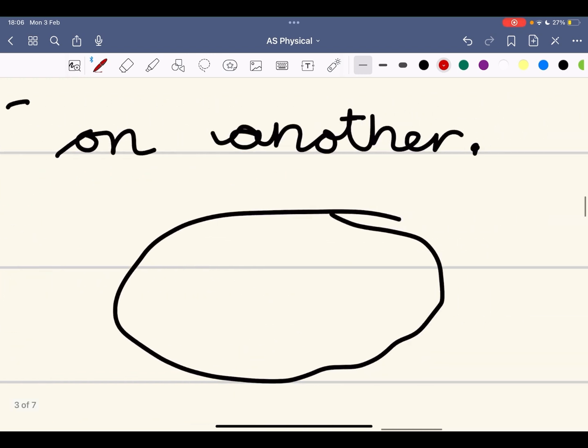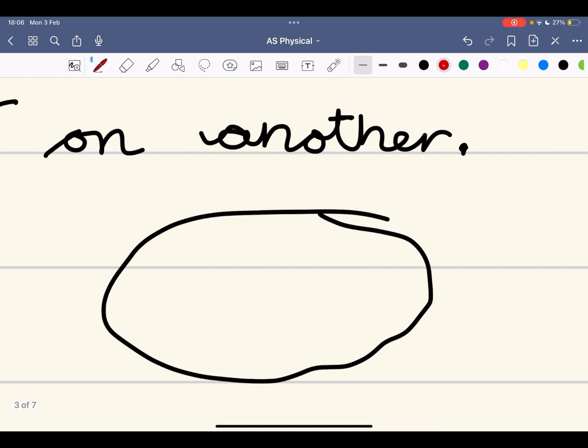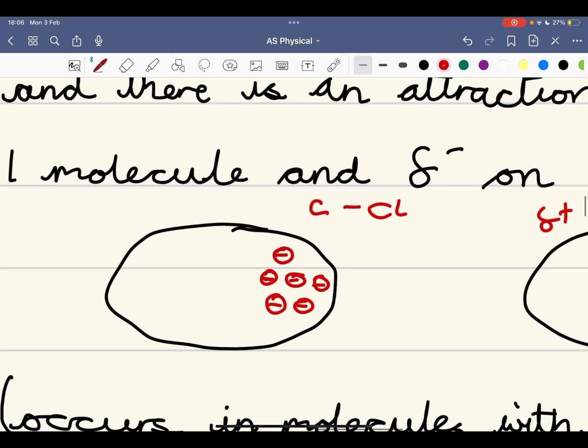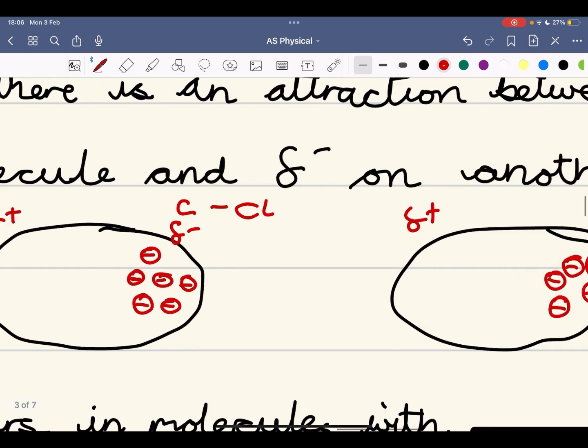And then it's the same thing for this molecule. So say it's CCl, the electrons will be shifted more towards the right. And then we have slightly negative here, slightly positive here. And then same thing here, slightly negative, slightly positive. And so the main difference is that this is permanent, okay?